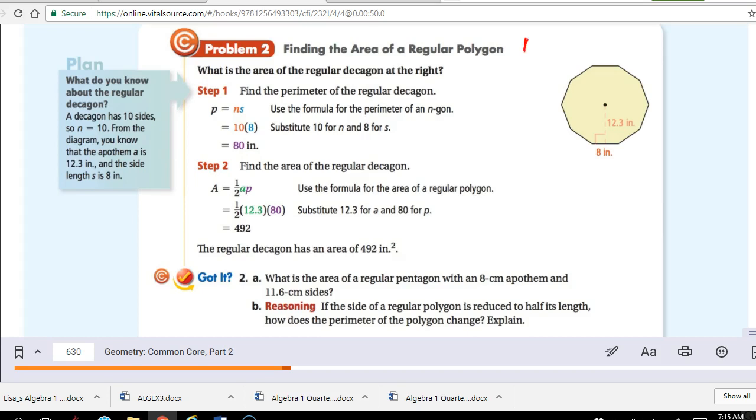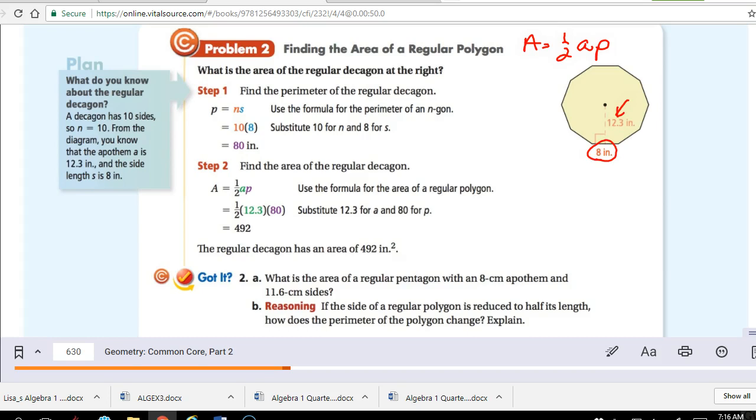Because remember, the overall formula is 1/2 the apothem times the perimeter. Let me erase that and write that a little bit better. The apothem times the perimeter. My apothem is given right here, but my perimeter is not.